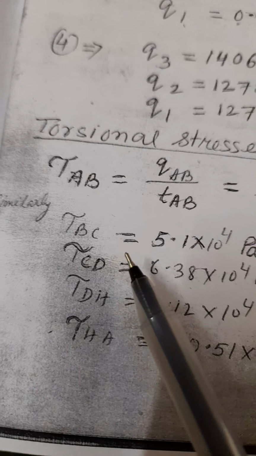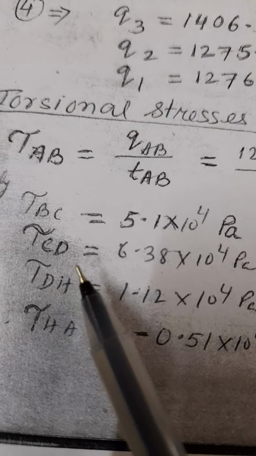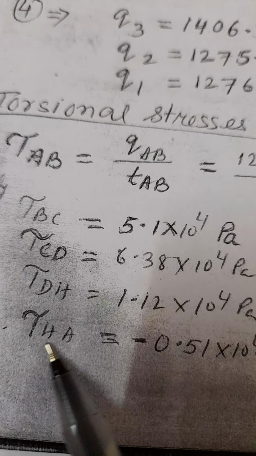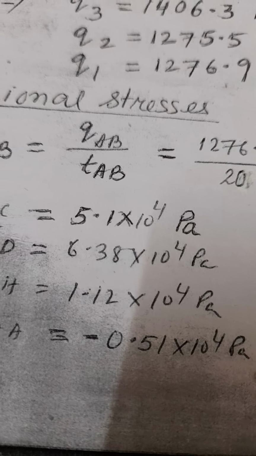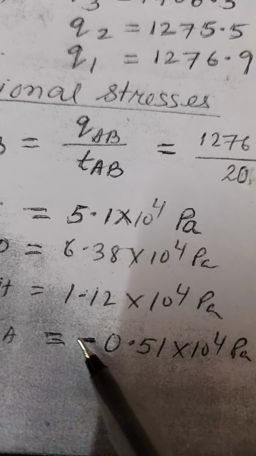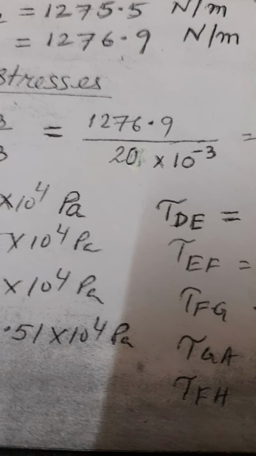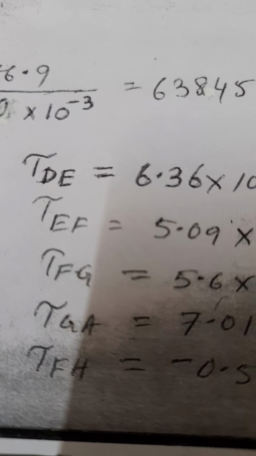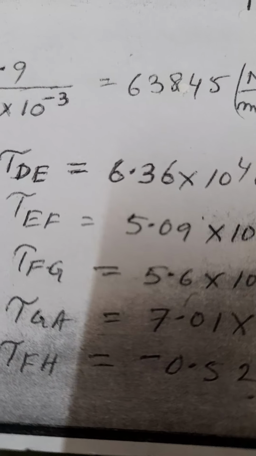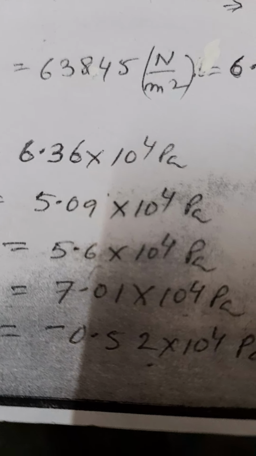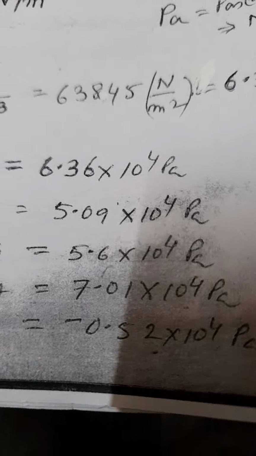Similarly tau CD, tau DH, tau HA. We have found that this has a negative sign. All may not be positive. So these are all the tau stresses we have found out.